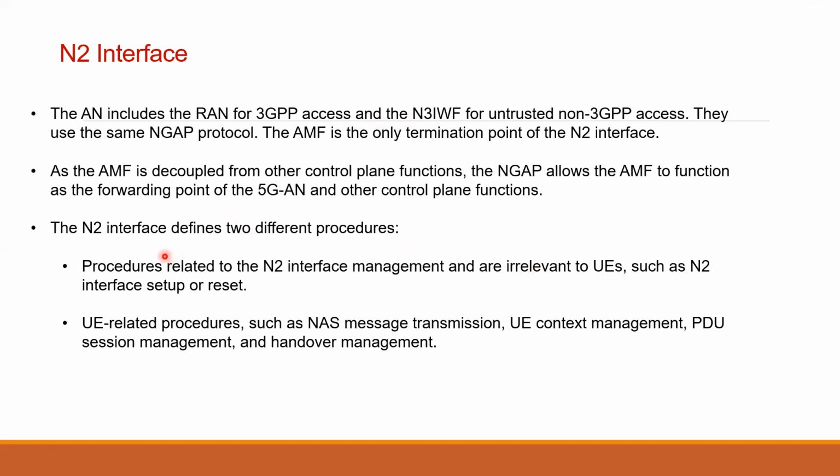So any procedures which are not relevant to the UE are done between the AMF and AN over the N2 interface, such as setting up or resetting connectivity between AMF and AN, and UE-related procedures such as NAS messaging, UE context management, PDU session management, and all that. So all these sorts of communication are done over the N2 interface.